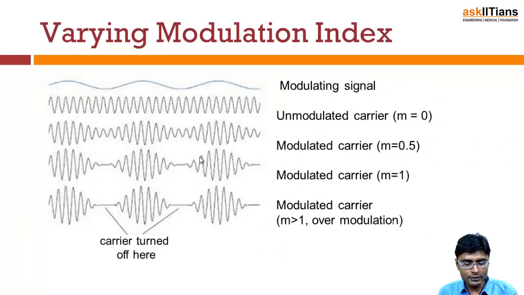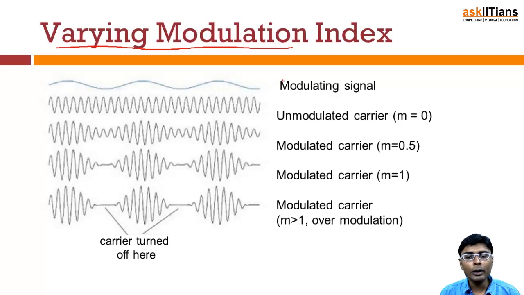So basically in this slide I have tried to explain the effect of varying the modulation index. If we vary the value of modulation index, then how does the waveform of AM get changed? First of all, you see the first signal. This is the modulating signal, that is the information signal.